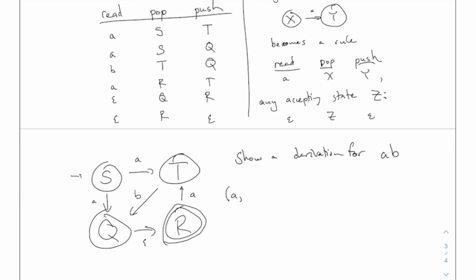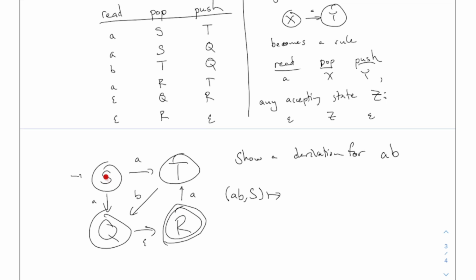You have to start AB, comma, S, and then I want to do rules to get down to epsilon, comma, epsilon. How do you decide which rules to use? Well, basically, you decide what you would do on the diagram, and you do those same rules in that same order.